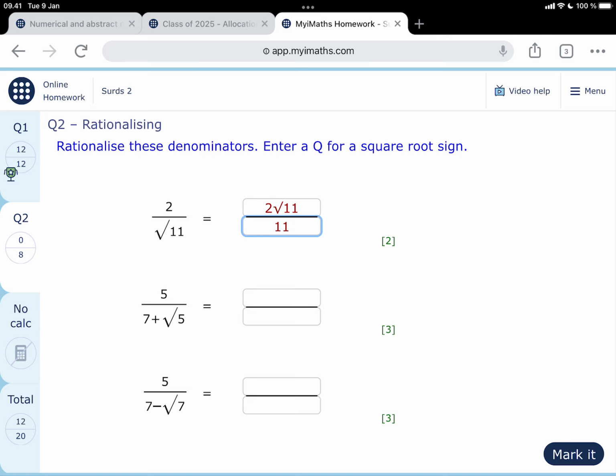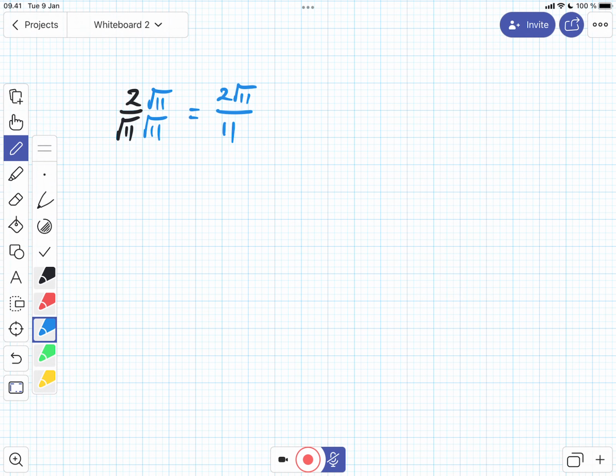Okay, so you need to have watched the question 1 video to understand the next bit. 5 over 7 plus root 5. I'm just going to put that 7 plus root 5 in a bracket.